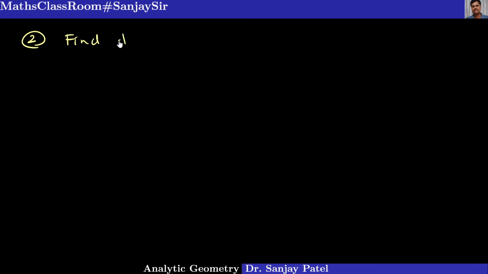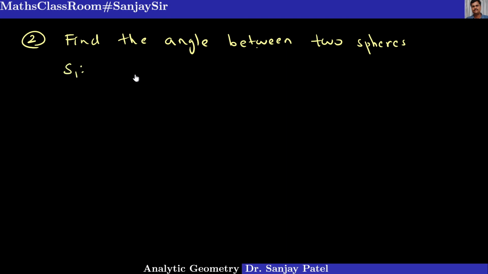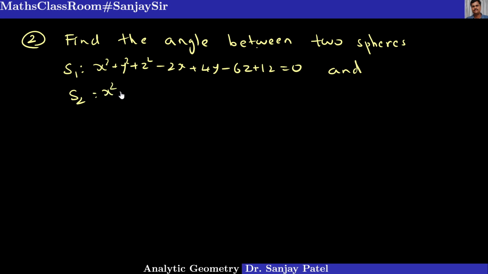So find the angle between the two spheres given by S1 is x square plus y square plus z square minus 2x plus 4y minus 6z plus 12 equal to 0, and S2, that is x square plus y square plus z square minus 4x plus 4y minus 4z plus 10 equal to 0.